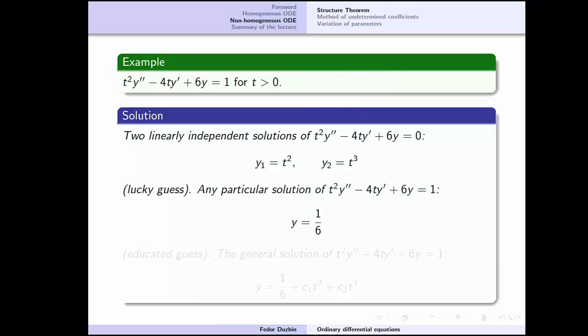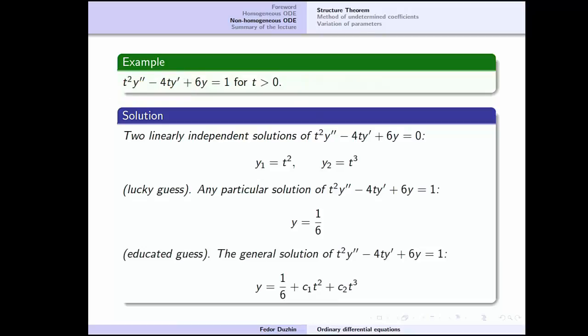So then we need to find any particular solution of this non-homogeneous equation. And the idea here is that you just stare at it and notice that the right hand side is a constant, which means you can try y to be a constant because the derivative of a constant is 0. So if your y is a constant, then this part just disappears, and then you have 6y equals 1, which is easy, y equals 1 over 6.